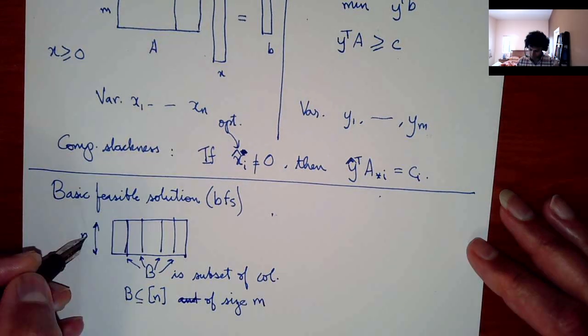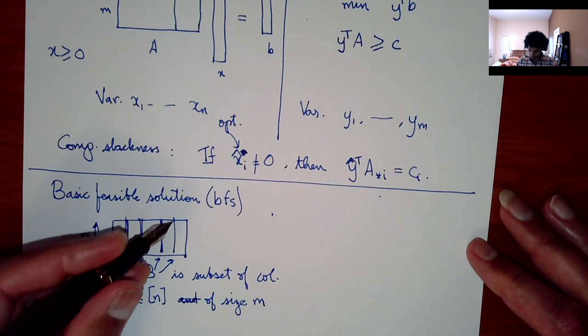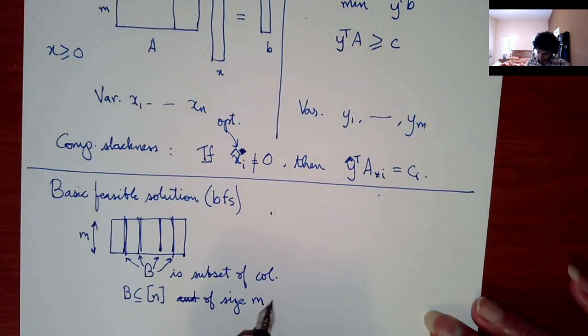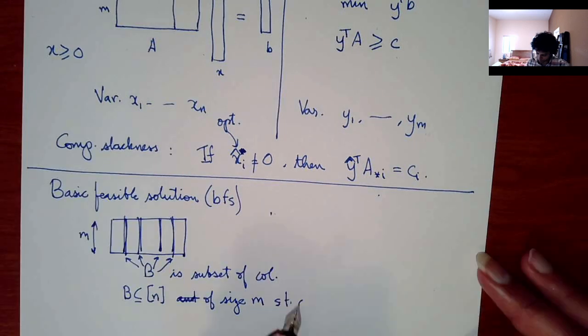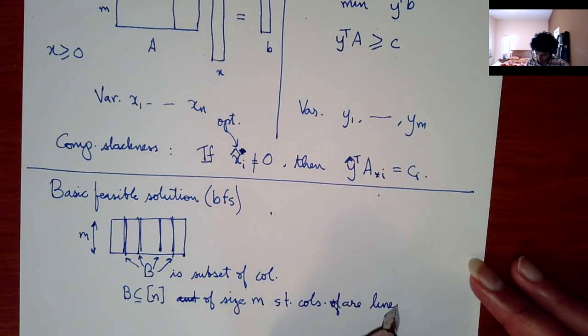So I'm picking m columns here, such that these columns are linearly independent.